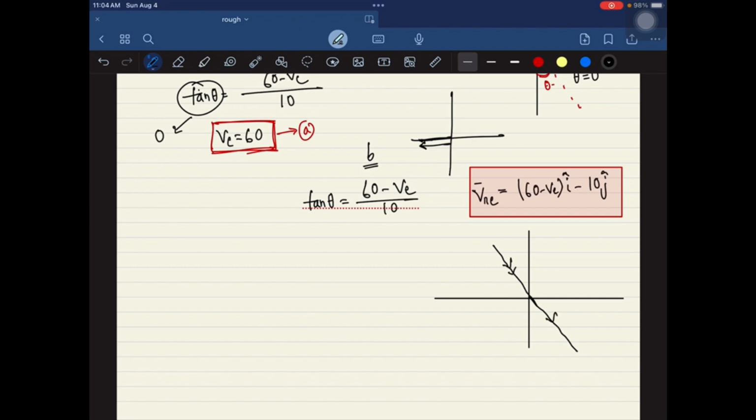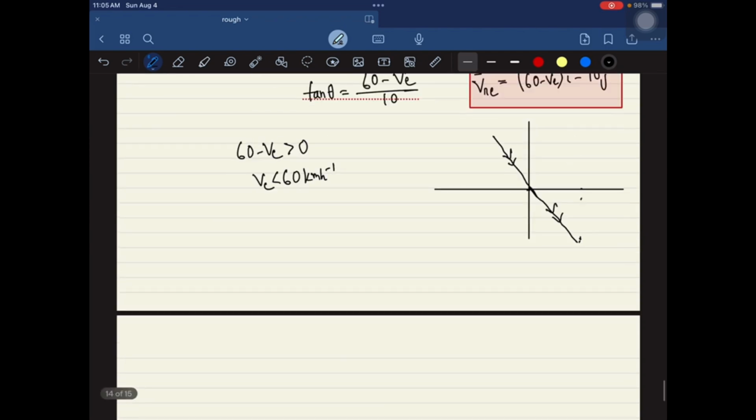What is this direction? Positive i, negative j. So this should be positive. So 60 minus VC should be greater than 0, so VC should be less than 60 km per hour.